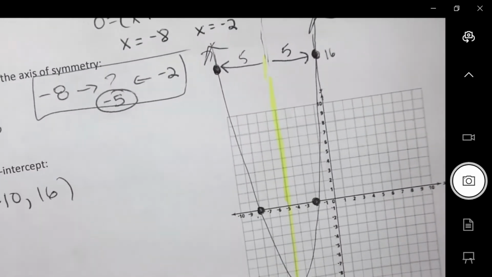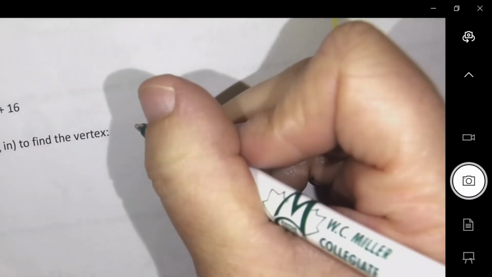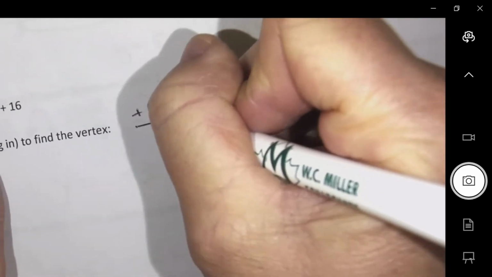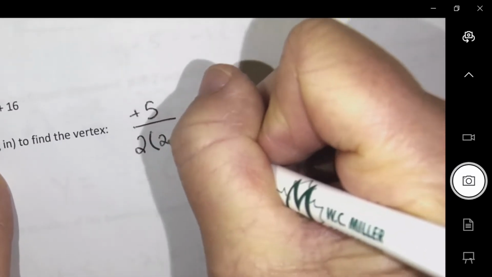Okay, number 4. Negative b over 2a is the vertex on this. So again, general form. So negative b over 2a makes a what? What do I put for a negative b? Positive 5 over 2 times 2.